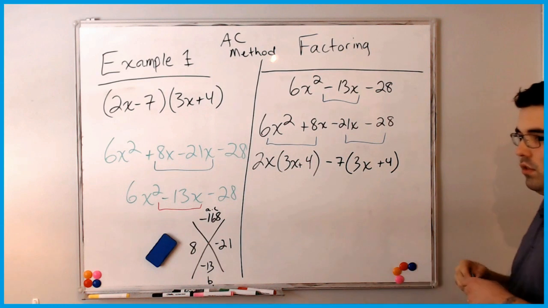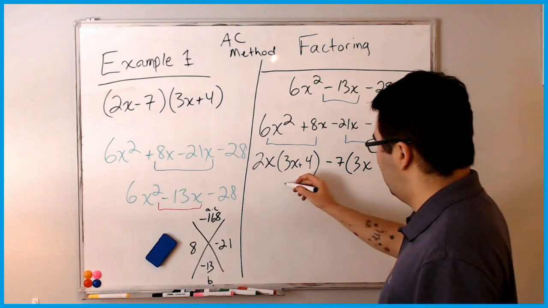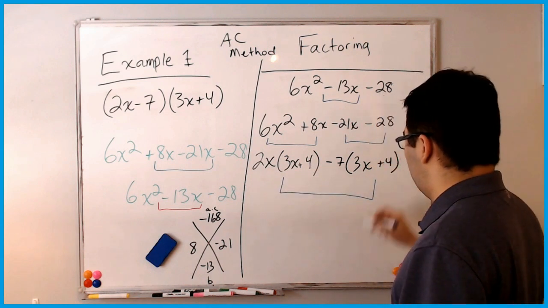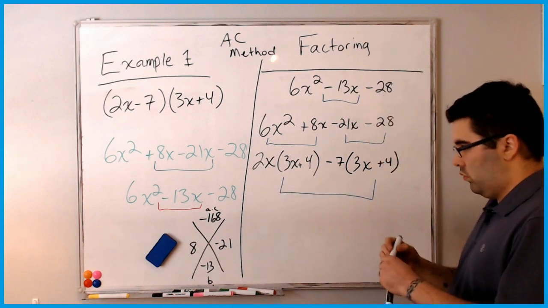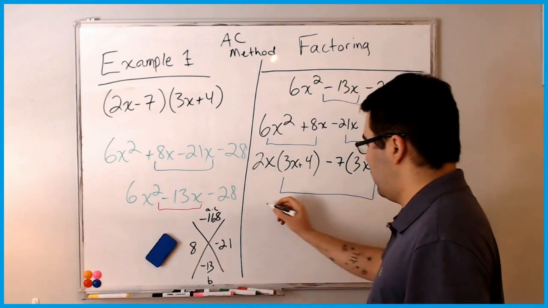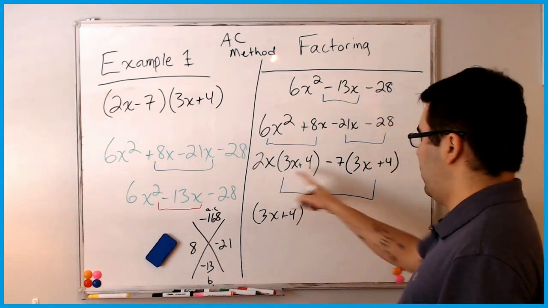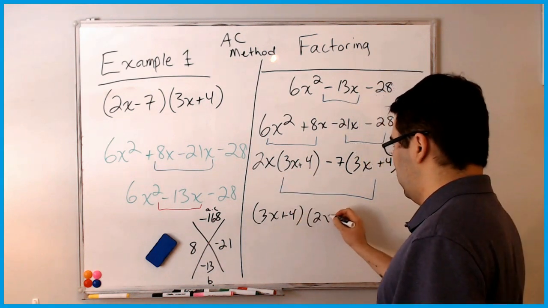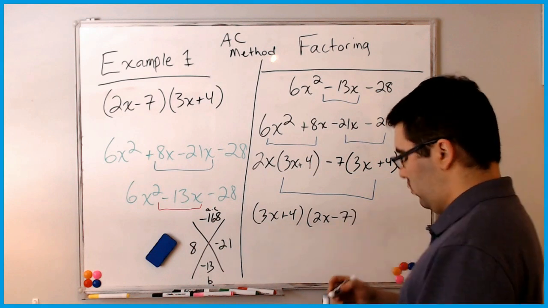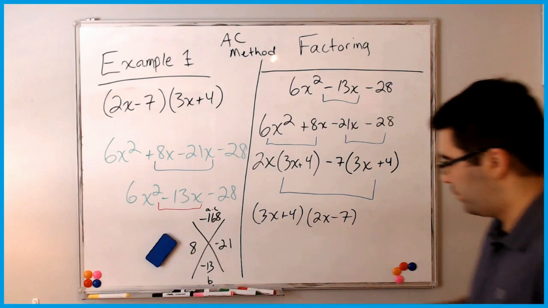And now again, you just do greatest common factor all over again. And so the greatest common factor now is just 3x plus 4. So 3x plus 4 comes out, and you're left behind with 2x minus 7. Okay, so that's how you factor.